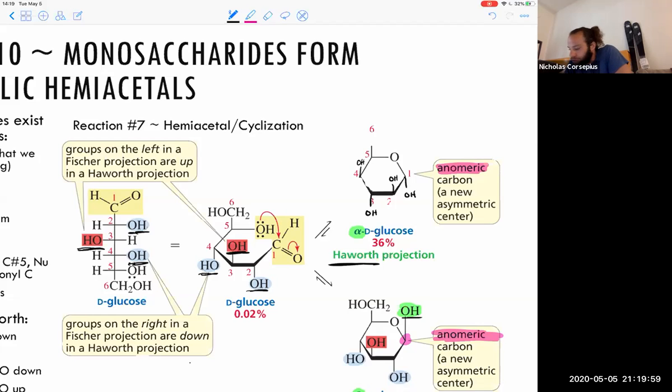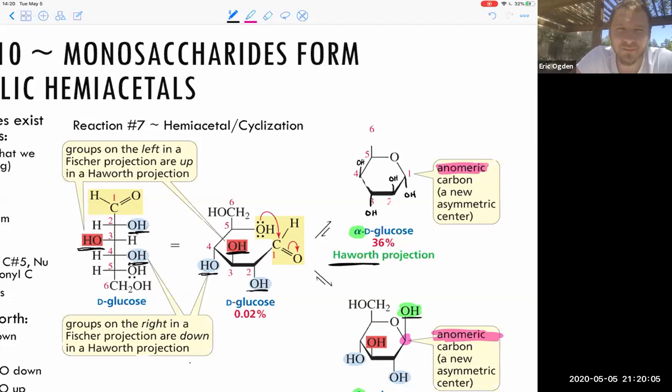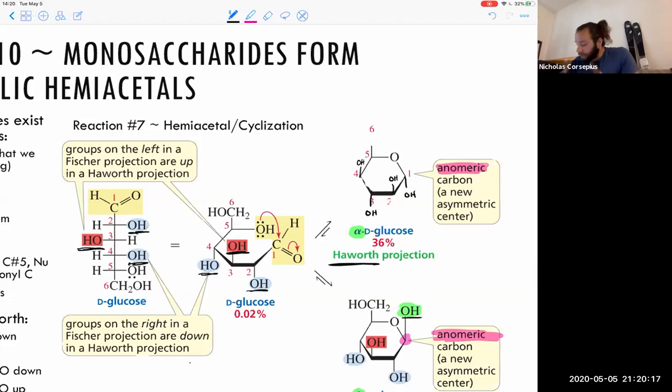Anybody got any questions about the reactions specifically that we've gone over up till now? If one of these hemiacetal reactions, like the intermolecular ones, occur, how do any of the other reactions apply? Because those were all towards straight chain sugars. Yeah, right. And because, again, remember, this is a dynamic equilibrium.